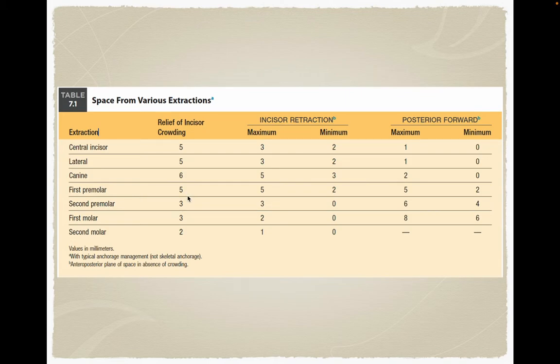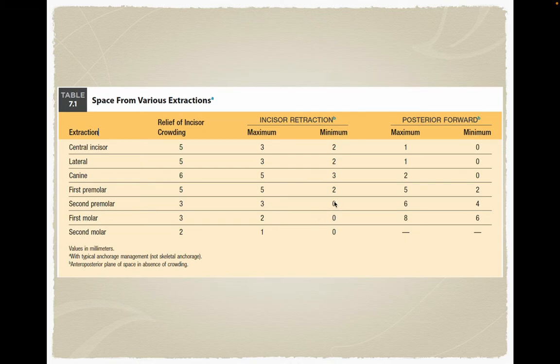So if you have a case with a lot of crowding anteriorly, you go for extraction of the first premolar and not the second premolar. While if you have crowding more in the posterior arch, you go for the posterior tooth, which is the second premolar. As you can see here, if you want to do retraction, you get mostly 5 millimeter of space, while at minimum you get 2 millimeter. Using the 5, the maximum you can get is 3, and in some cases you get 0.